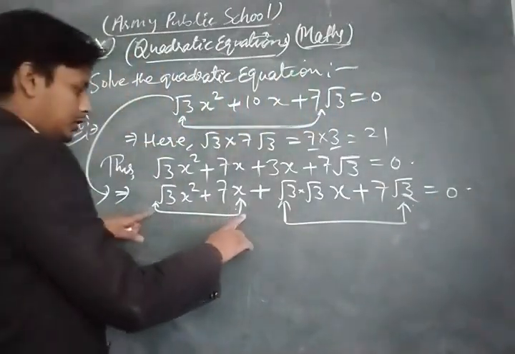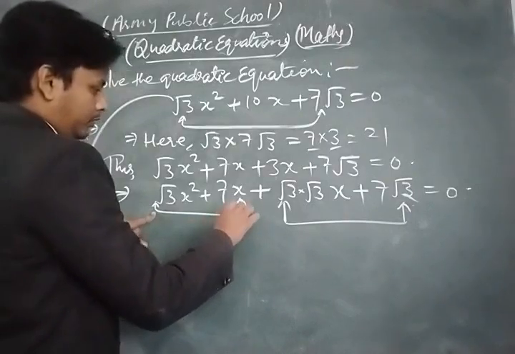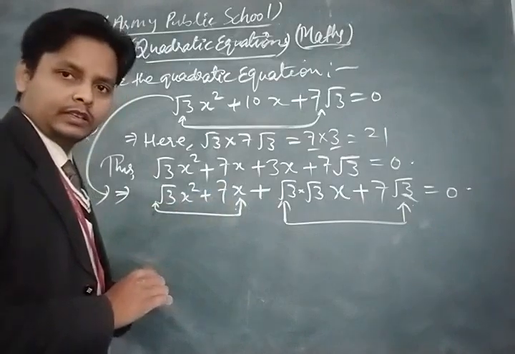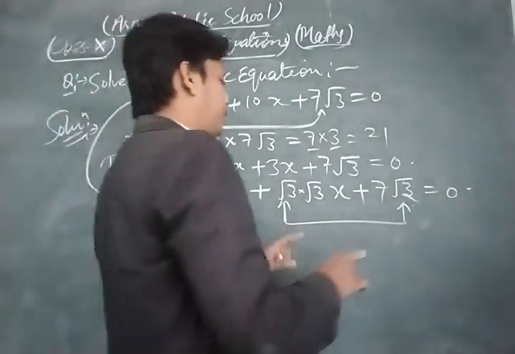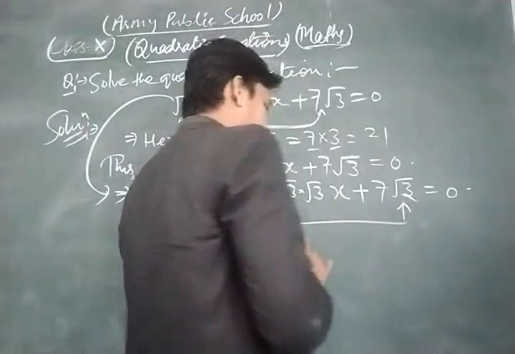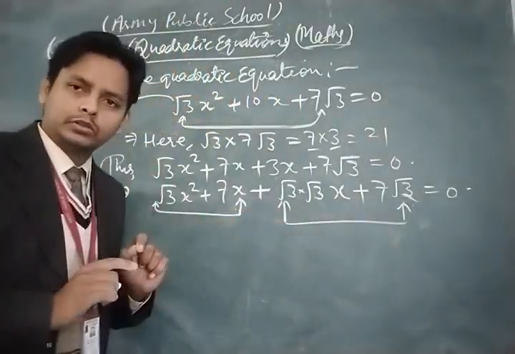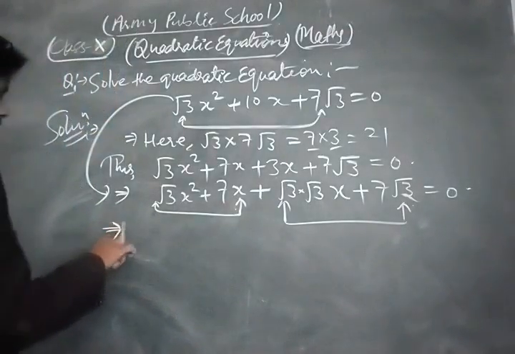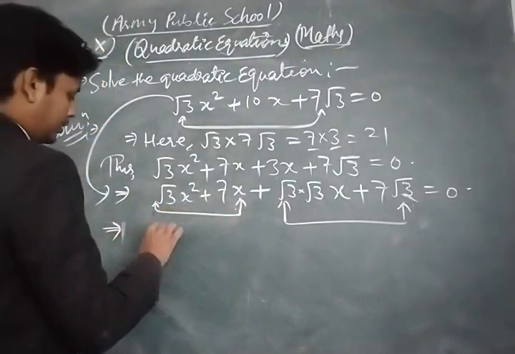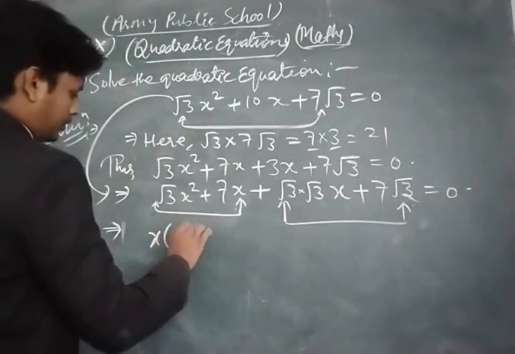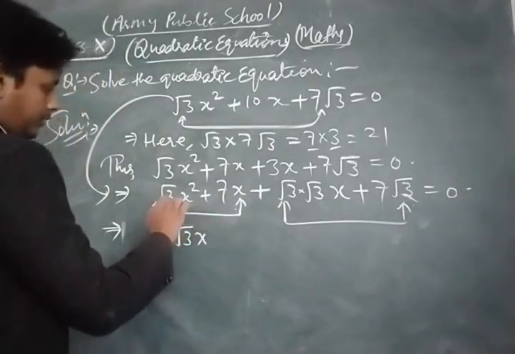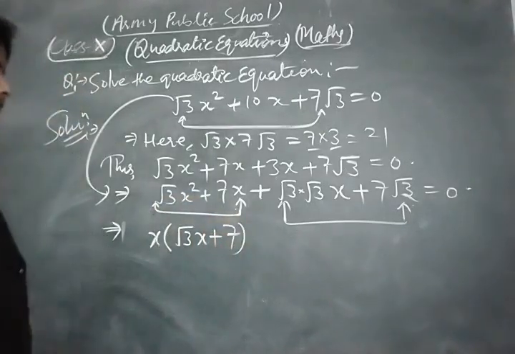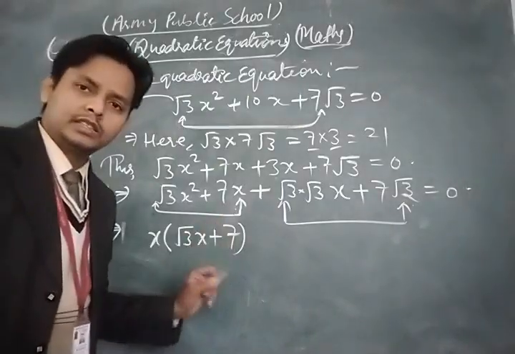Now from the first two terms, we take x as common. And from the next two terms we take under root 3 as common. So here look, x is common, so root 3x is left in the first term plus 7 is left in the second term.